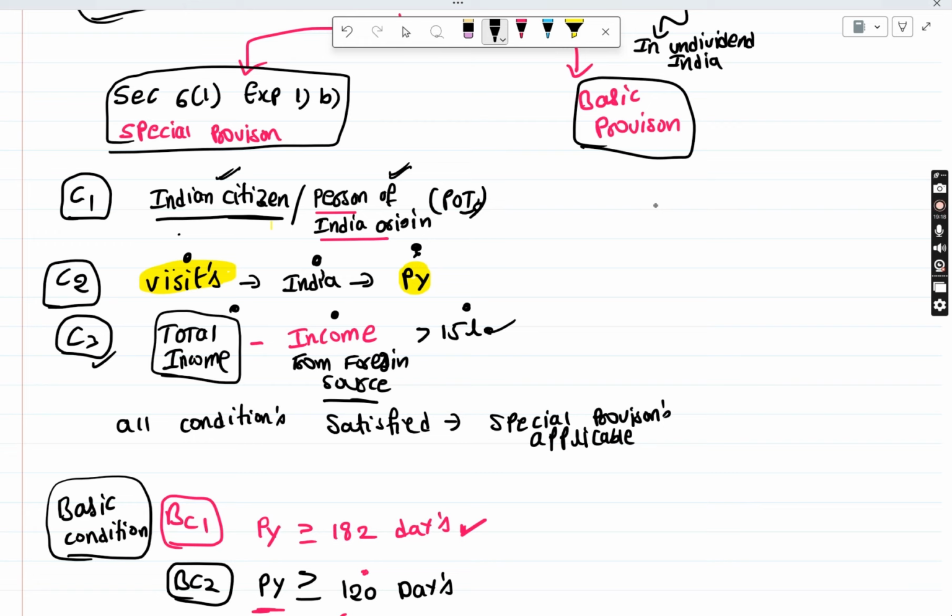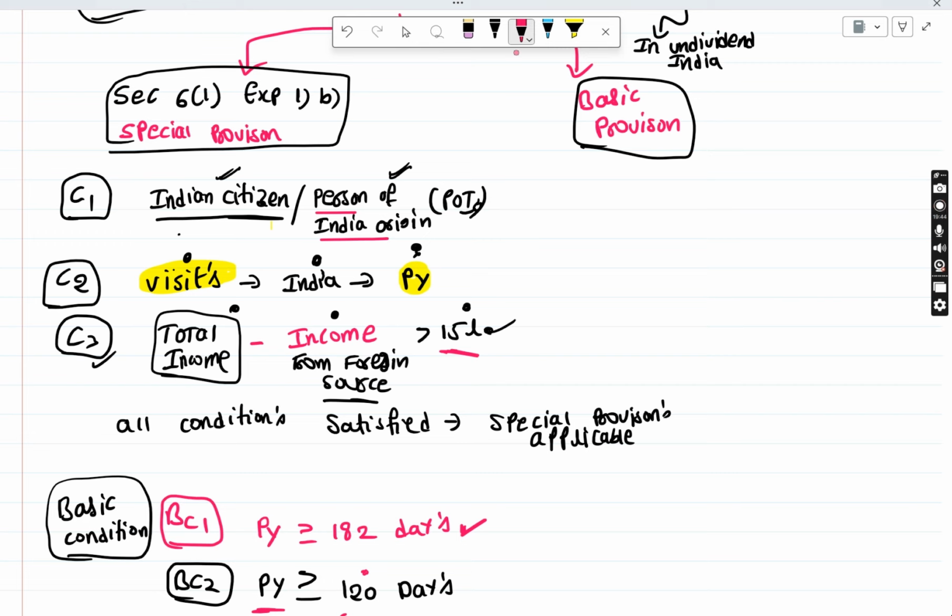Is there anybody who does not know what is previous year and assessment year? So, I think everybody must have known it now. So he is visiting India in the previous year and his Indian income is more than 15 lakhs. Then only this special provision is applicable, or else it is not applicable.